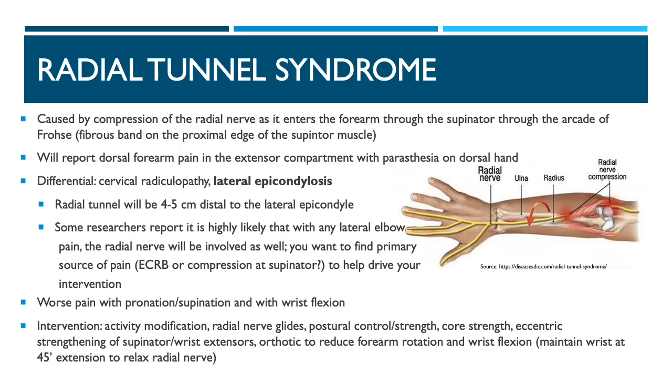All right, so moving on, we're going to talk about radial tunnel syndrome. So just like the other two nerves, the radial nerve can be compressed as it enters the forearm, in this case through the supinator. The proximal edge of the supinator has this sharp looking fibrous band called the arcade of Frohse.